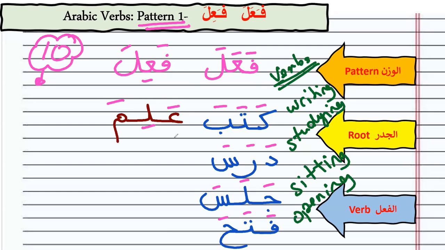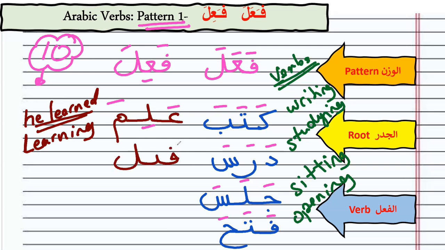So when we say alima, alima is he learned. So basically the meaning is learning or acquiring knowledge. And then we have qabila, he accepted.